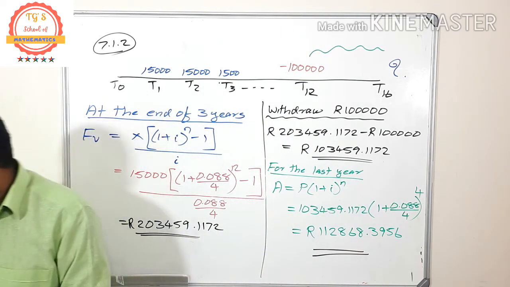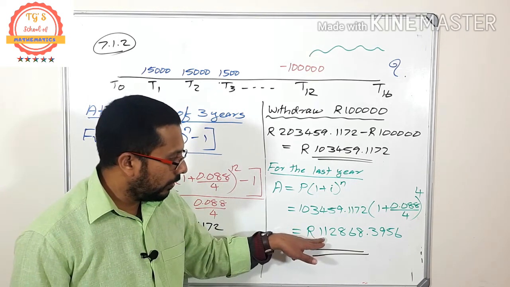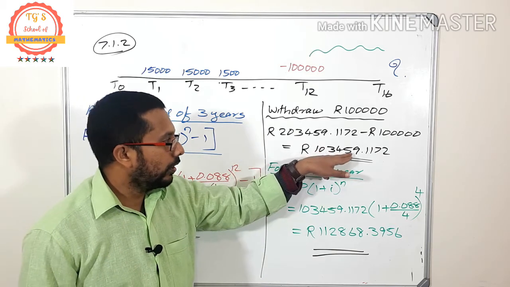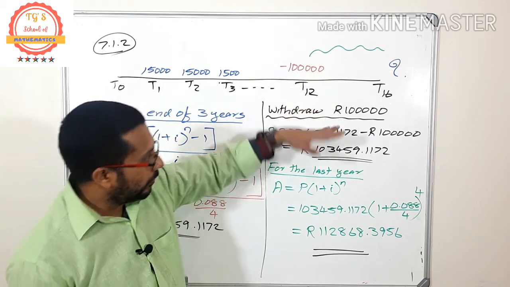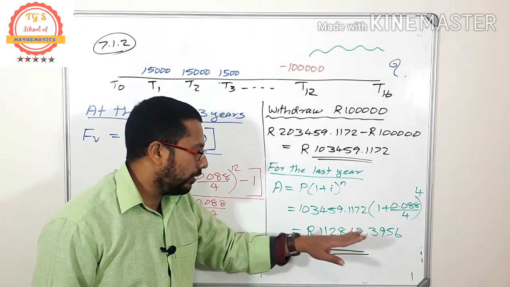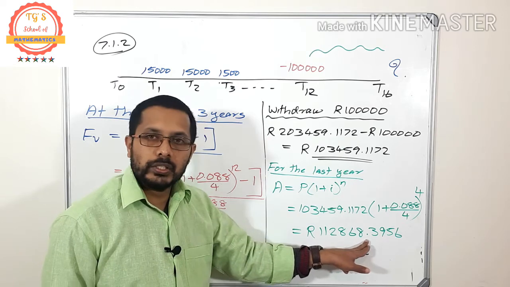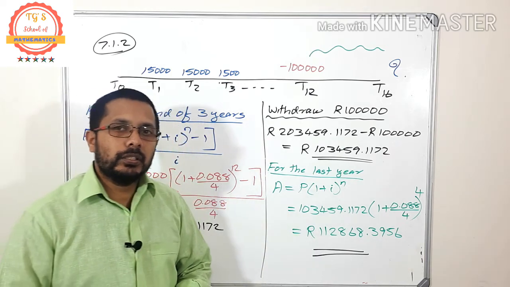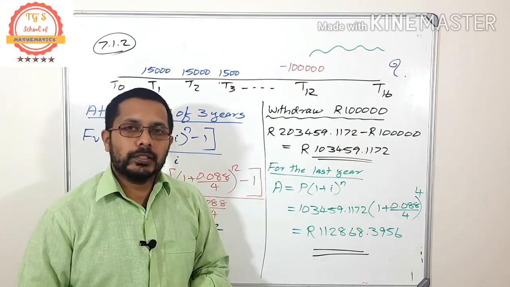Okay, so it means that at the end of 4 years, after she withdraws 100,000, the last 1 year she got interest, and the amount is 112,868 point, that one. Is that the amount at the end of 4 years?